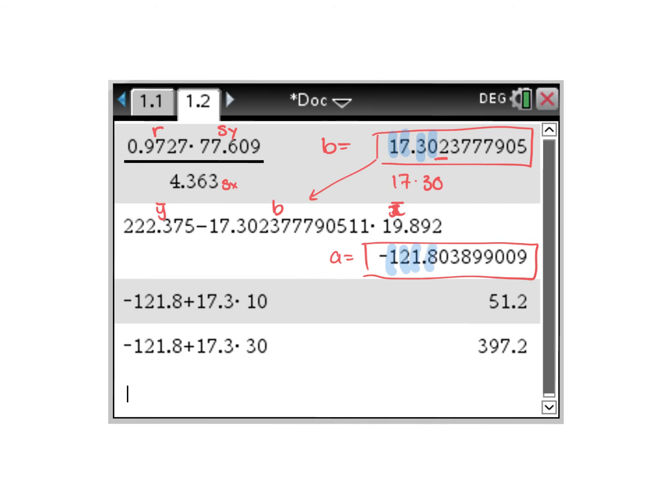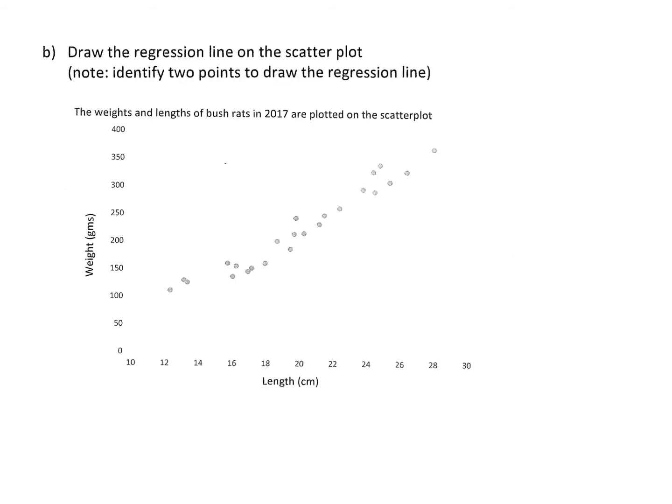For this one, it will be negative 121 point. Now check that, that's a 0, so there's no rounding. So 121.8. So, now 17.3 here, and I get 51.2 and 397.